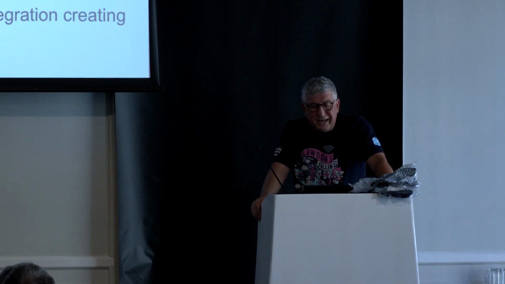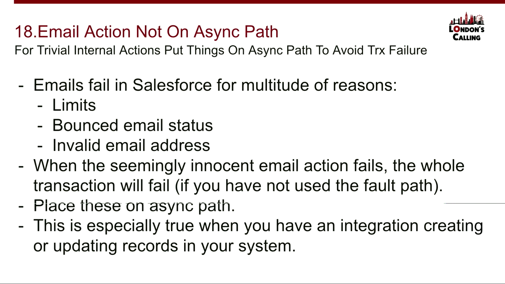Number 18, email action not on async path. Emails unfortunately fail very easily for a multitude of reasons. The email format is not the correct one, or the email bounced before on that contact. You could hit limits.